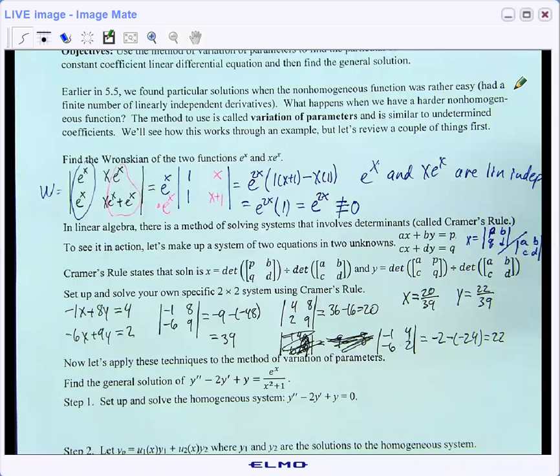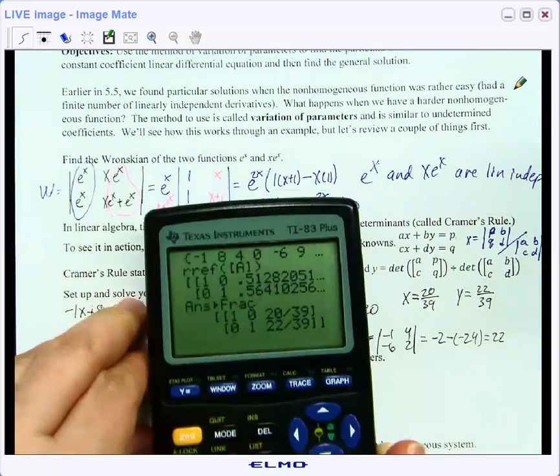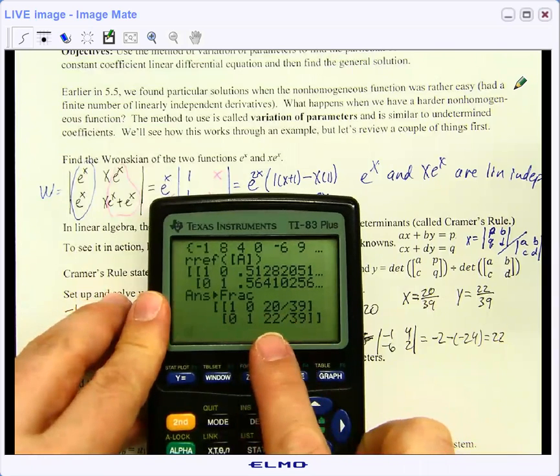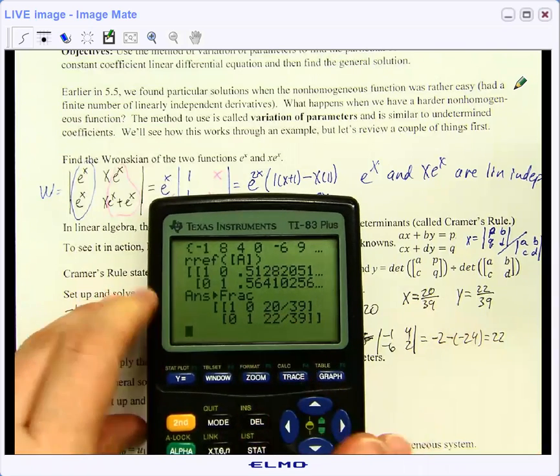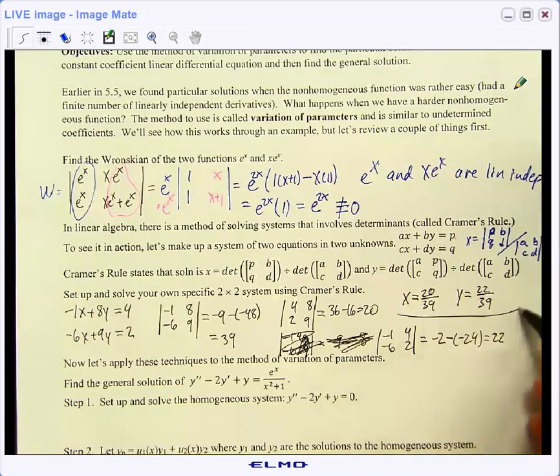And just as a quick check, I ran it in my calculator, and you'll see that the solution is that x is 20/39 and y is 22/39, as we would have predicted. So that is Cramer's rule, and we'll come back to it a little bit later today.